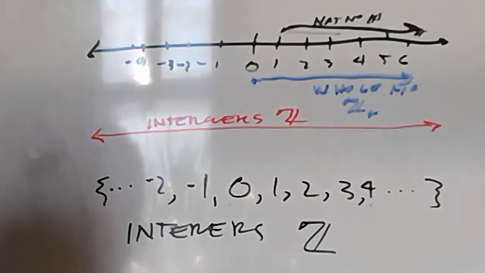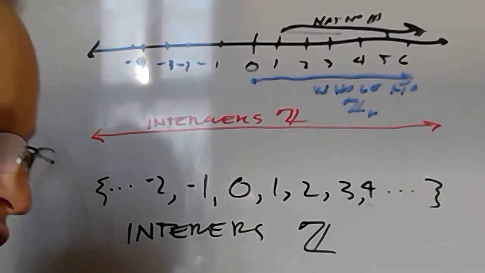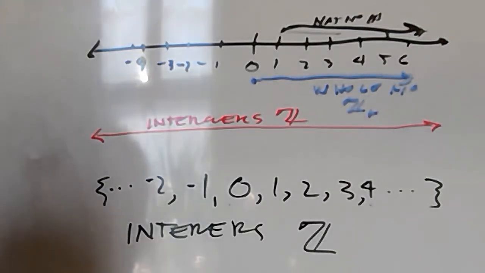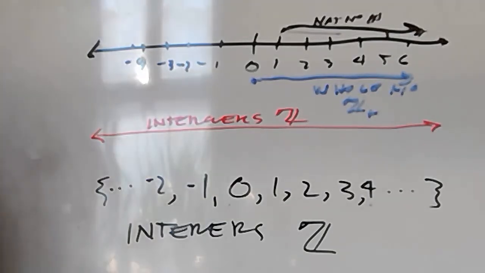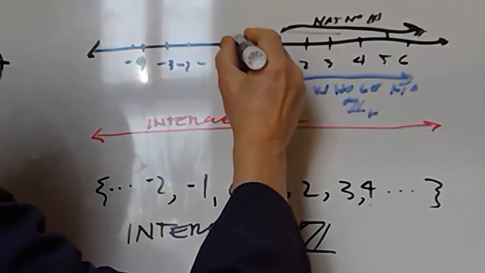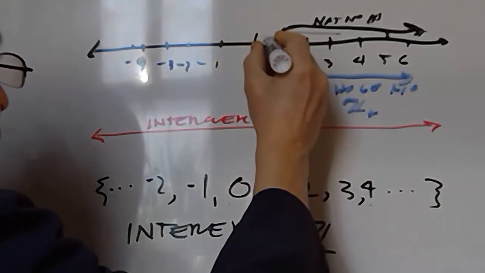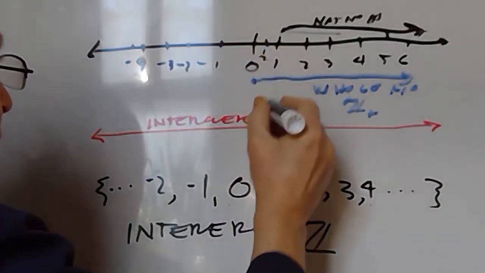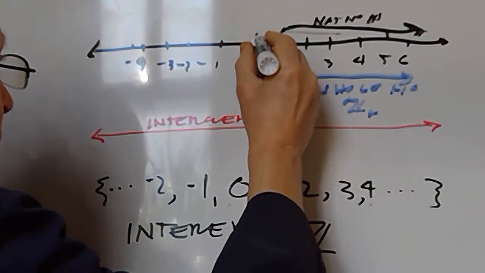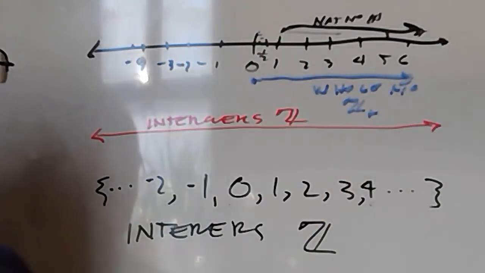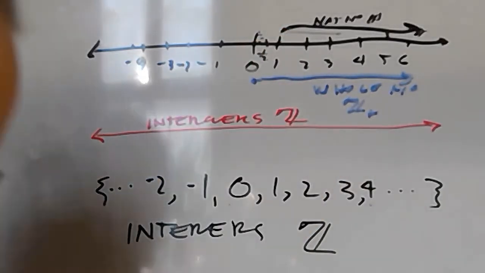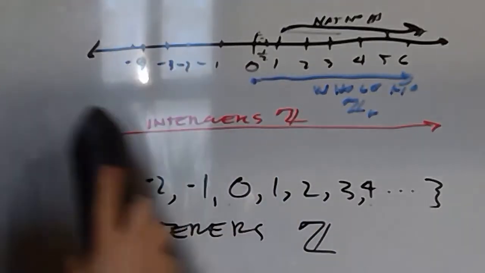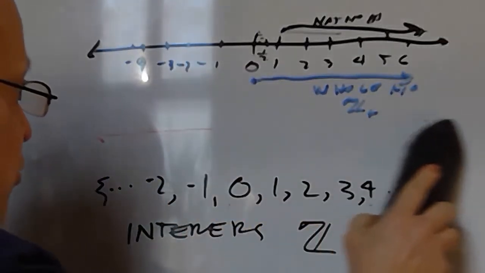Now you may ask what other kind of numbers can be in this, because we're not finished. We still haven't covered all the real numbers. Well, there's also fractions, because in between here we have, let's say, 1/2 over here, and then 1/4 over here. We have fractions. And the fractions are what's called rational numbers.